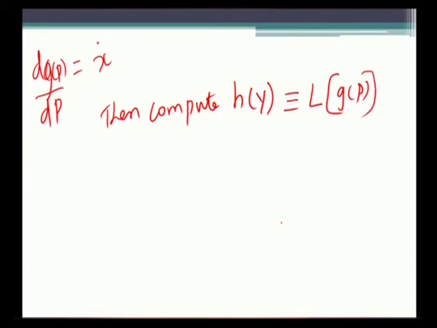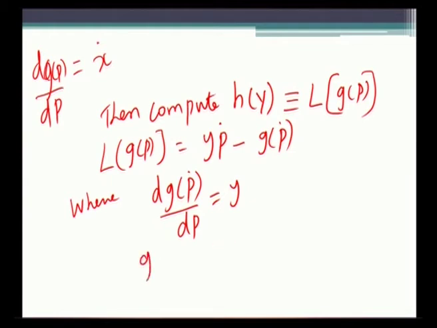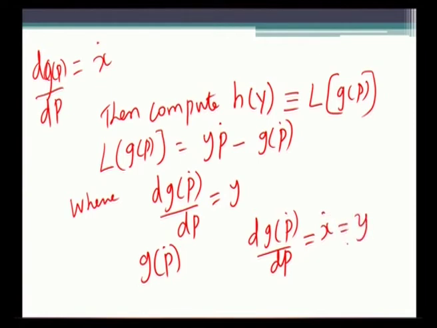The Lagrangian of g of p is equal to y ṗ minus g of ṗ, where we used the expression dg(p)/dp equal to y. Substituting, we get dg(p)/dp is equal to ẋ, which is equal to y.